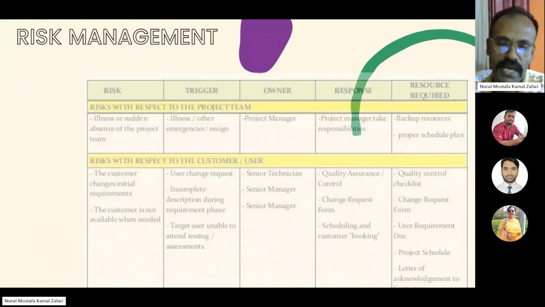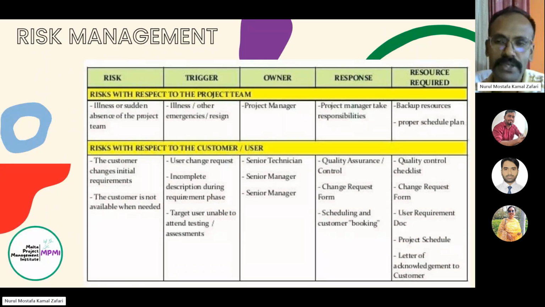Then risk management, how risk will be managed. You may be asked to draw it in one format, or maybe they will ask you simply to draw your own table. So you can put risk triggers. Triggers means what is the source of this risk, then who is the risk owner.